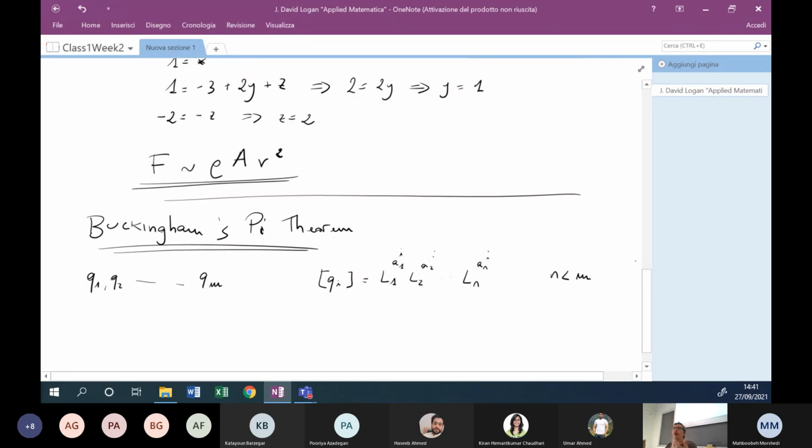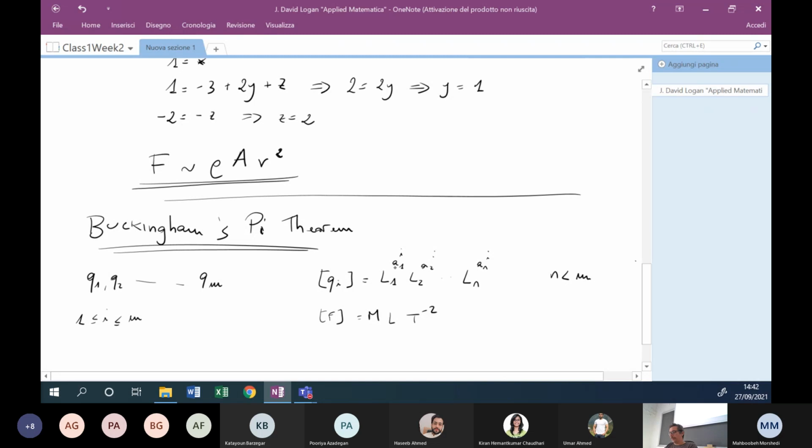So imagine, for example, that Qi is a force. This means that it would be this kind of combination where L1 is the mass, L2 is length, L3 is a time. And this index i runs, of course, between 1 and m.